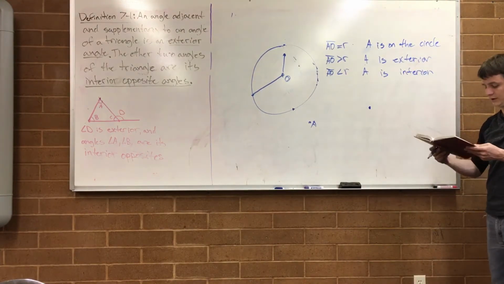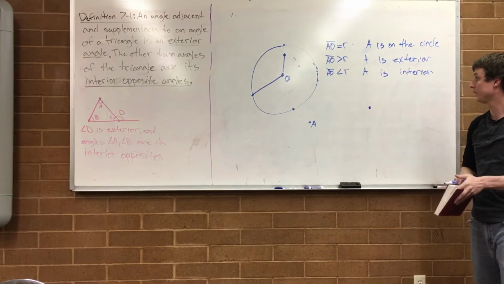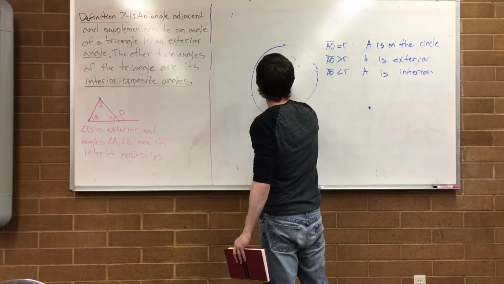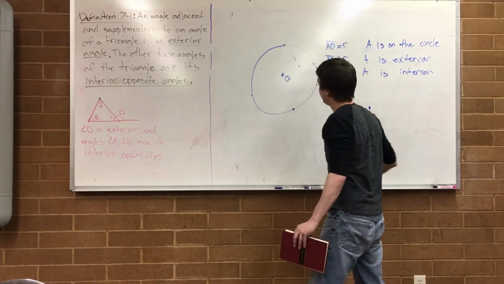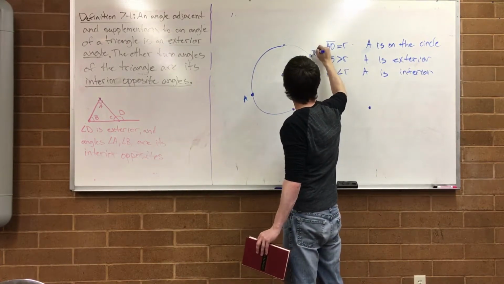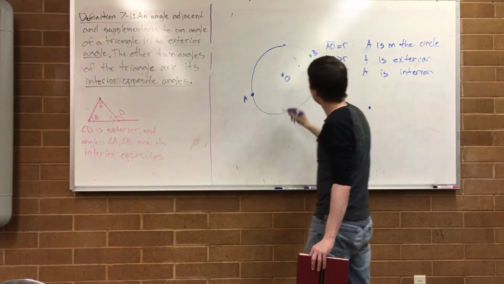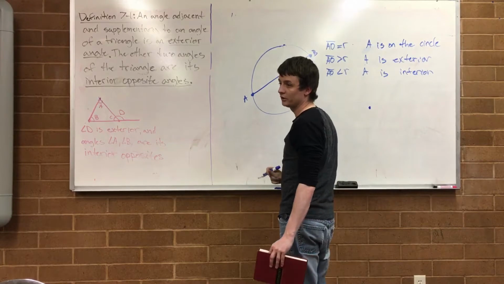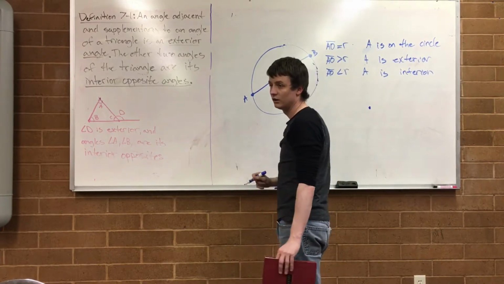All right. And then some more vocabulary about a circle. If A and B are 2 points on the circle, and the segment from A to B goes through O, then we call the segment AB the diameter.